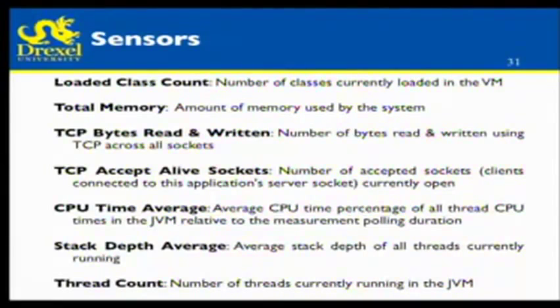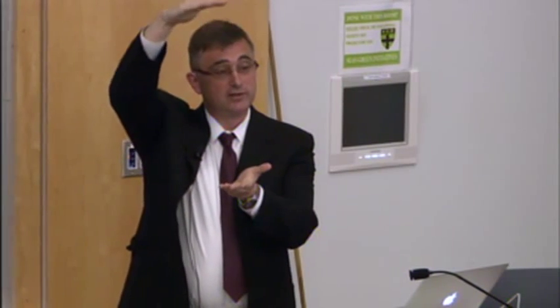In terms of sensors, what are the things you can measure on a computer system? We measure a variety. One thing is we measure how many classes are loaded, how much memory is used, what is the depth of the runtime stack, right? And you look at that and you say, wow, that's kind of a weird thing to measure. But if you look at buffer overflow attacks, what happens? I'm running my program and I'm putting different functions on the stack.